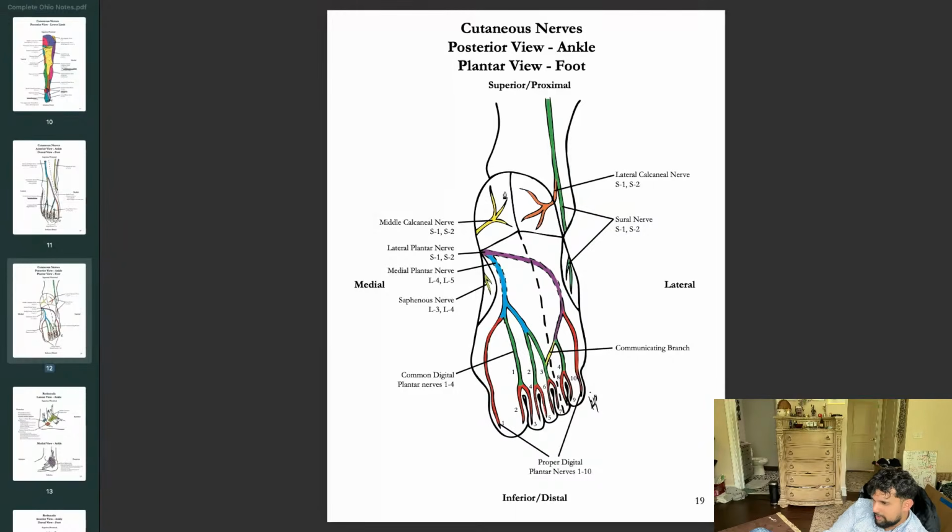The medial calcaneal nerve really innervates up until like here. So like all the way, this whole portion is medial calcaneal. It's a smaller portion than this, which is the lateral calcaneal.